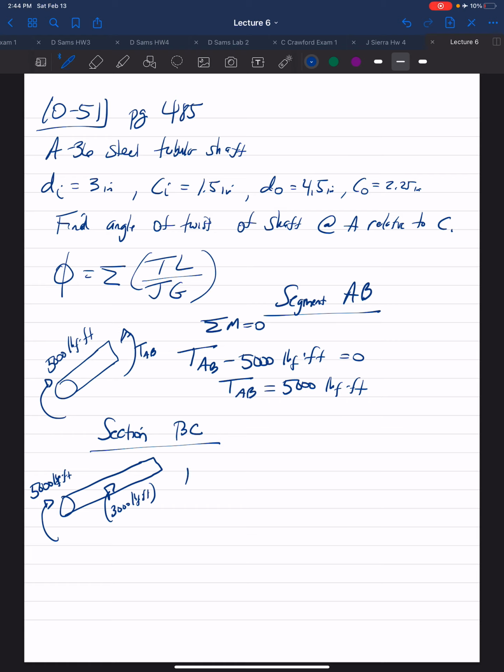So our internal torque in section BC: TBC minus 5,000 pound-force feet minus 3,000 pound-force feet. The torque in section BC is equal to 8,000 pound-force feet.